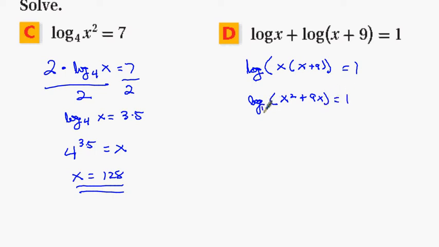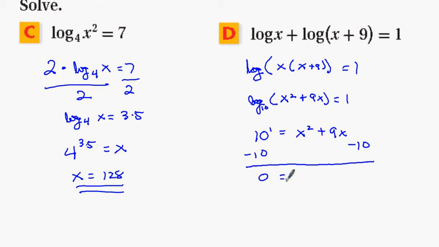So this is base 10. So I have 10 to the first equals x squared plus 9x. And so if I subtract 10 from both sides of the equation, I now have 0 equals x squared plus 9x minus 10.